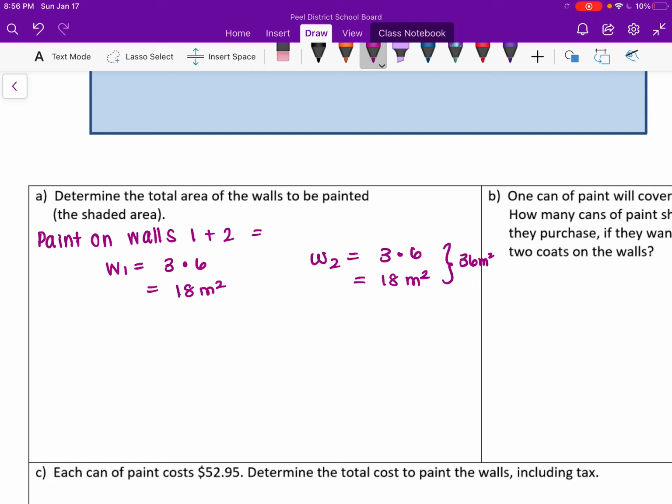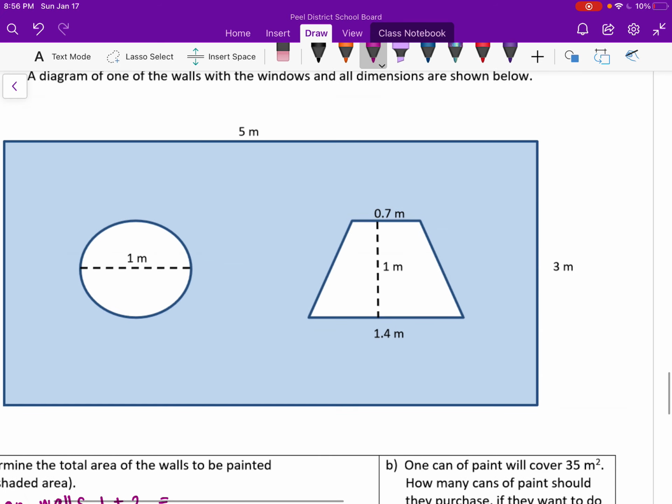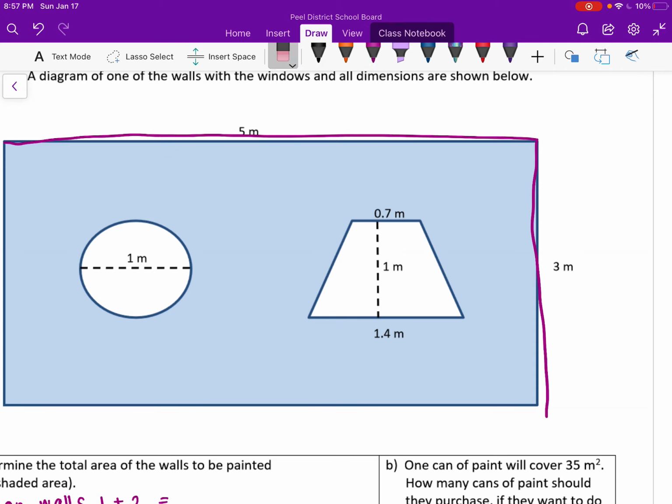Okay? Wall 3 and wall 4 are a little bit more complicated, but they're both the same. So if we find what wall 3 is, we'll automatically know what wall 4 is. So let's figure out what wall 3 is. We know that the entire thing, if there were no cutouts, would be 5 times 3.